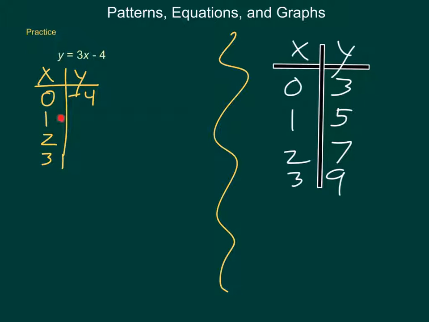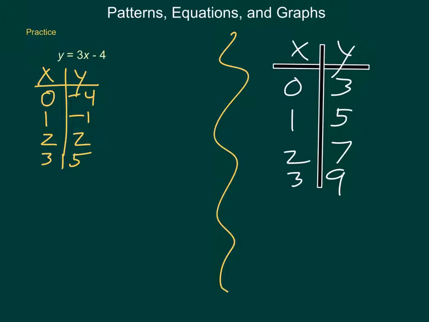Next, substitute in the 1: 3 times 1 is 3, minus 4 is negative 1. 2: 3 times 2 is 6, minus 4 is 2. And lastly, 3 times 3 is 9, minus 4 is 5.